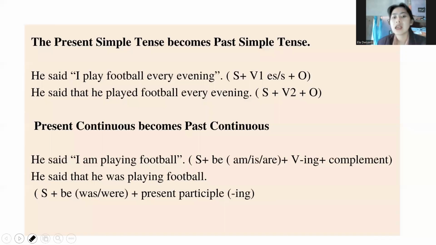Okay, present. The present simple becomes the past simple in the reported clause. The first example: he said, I play football every evening. The pattern is subject plus verb one, s or es, plus object.